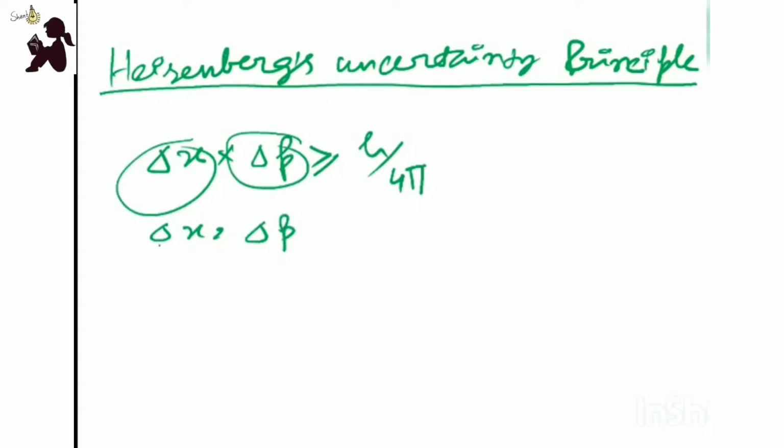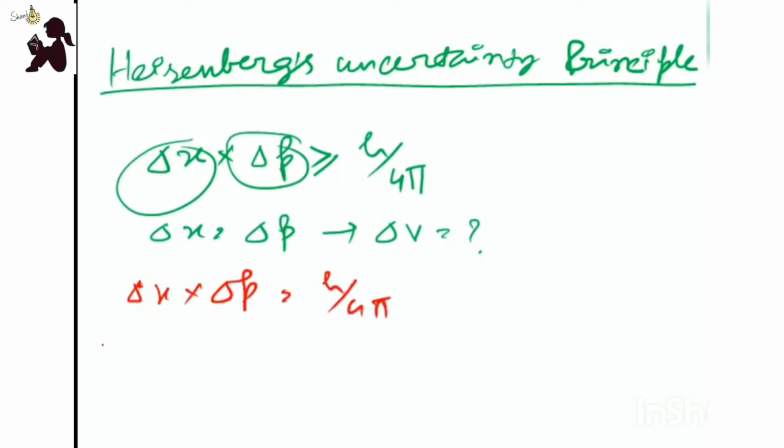They will give you this question, that if momentum and uncertainty in the position is same, then what is the value of uncertainty in velocity? So you can conclude it like that: del x into del p, here we are assuming it is equal to h by 4 pi.